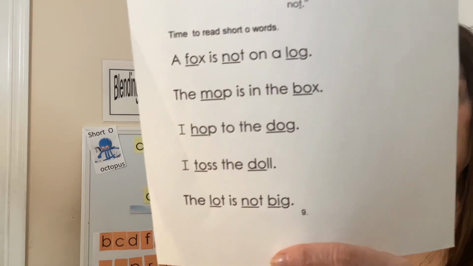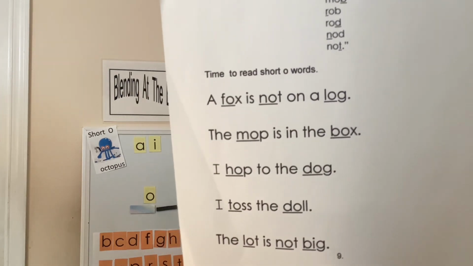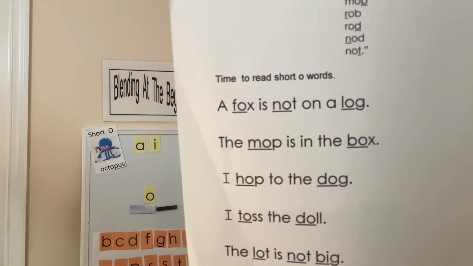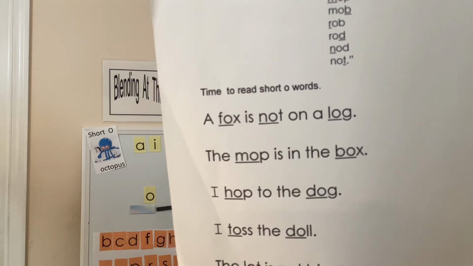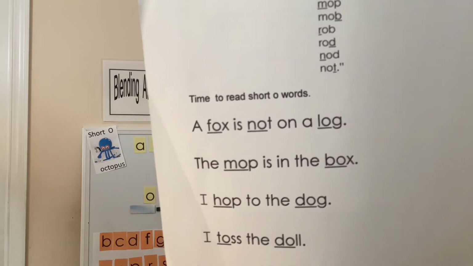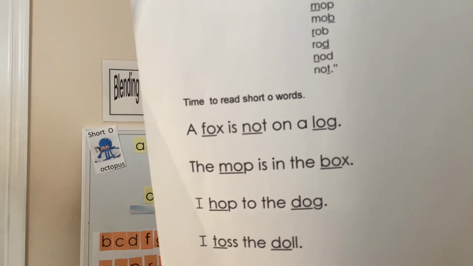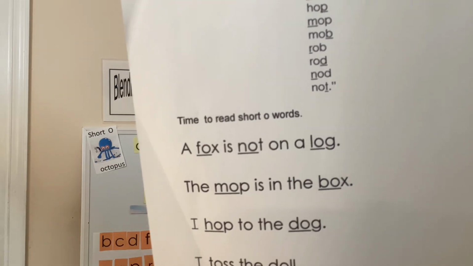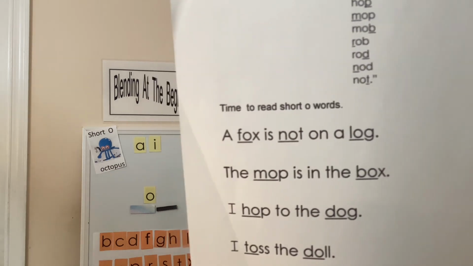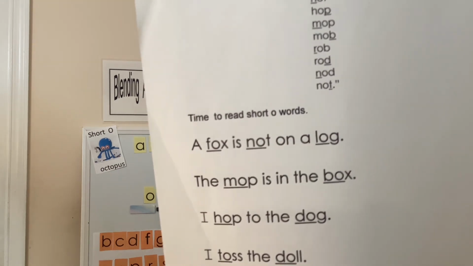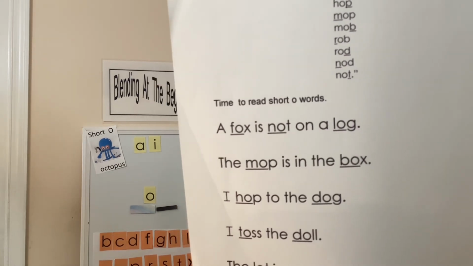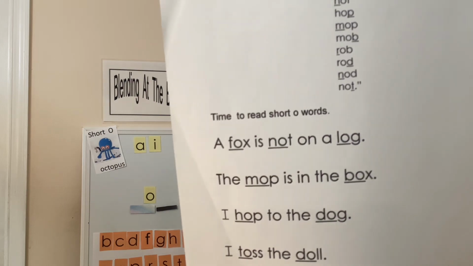So I've just written some simple sentences using short O words, and of course some sight words like the, in, and is. And you can help the student read the words. Take a minute to make sure they're comprehending what they're reading. And you can also, when you're just learning a new word or a word they're not familiar with, especially for English language learners, take a minute to develop vocabulary. So this is something you can do as an extension activity.